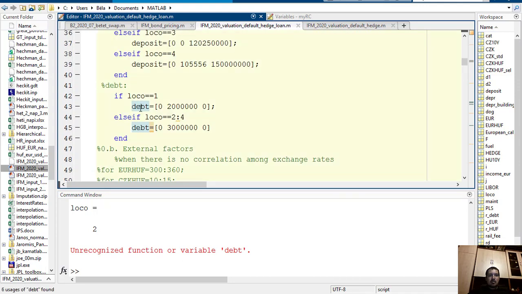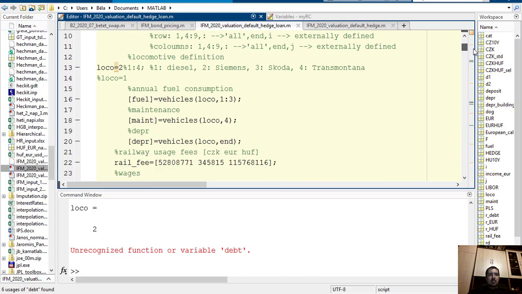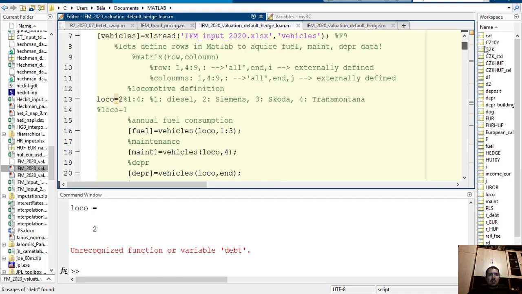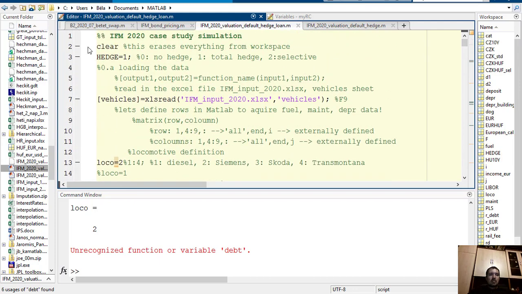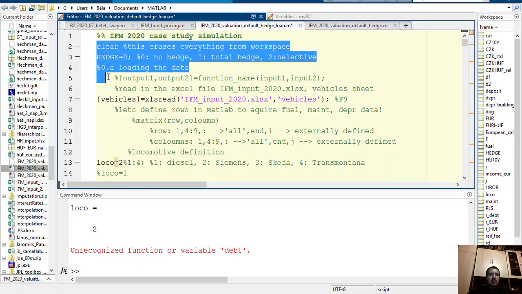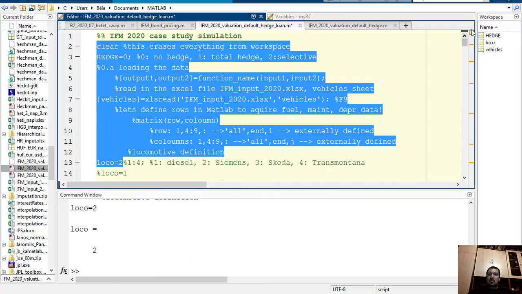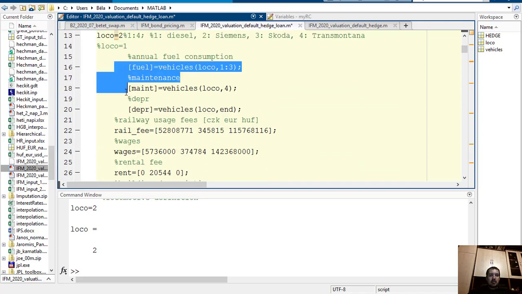What there is debt? It's strange because this should be able to be arranged because it's a simple for if else function.